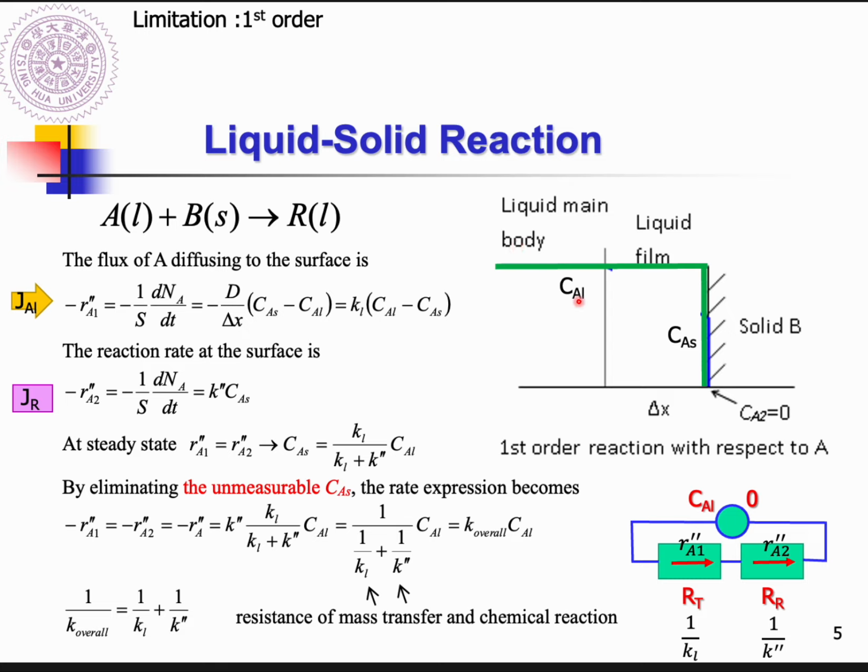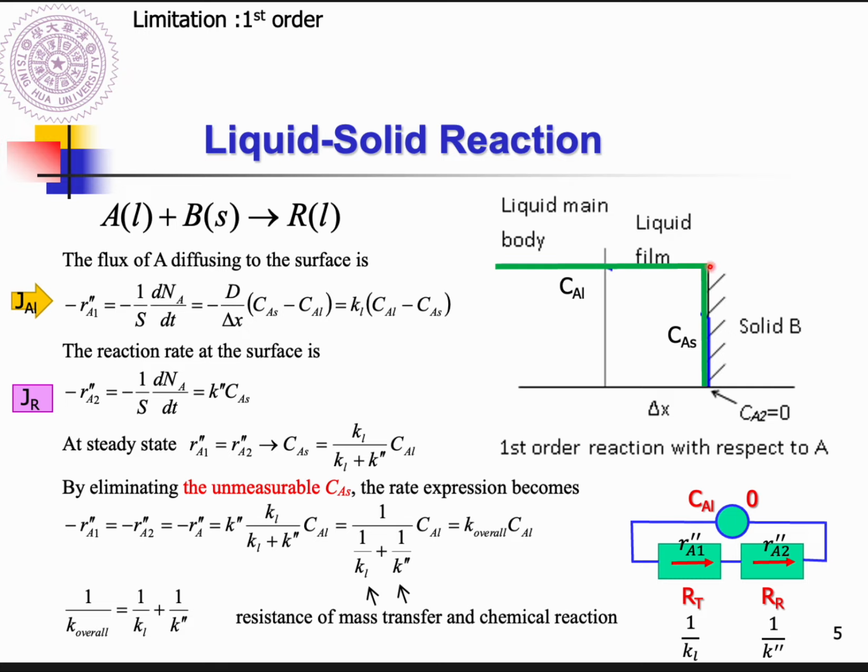And for A, the reactant molecule, the concentration of reactant A in the liquid main body will remain constant. We call it CAL, the concentration of reactant A in the liquid main body. And when this A molecule diffuses through the liquid film, if there's no resistance in the liquid film, which implies the concentration remains constant here, the curve will be shown like this.